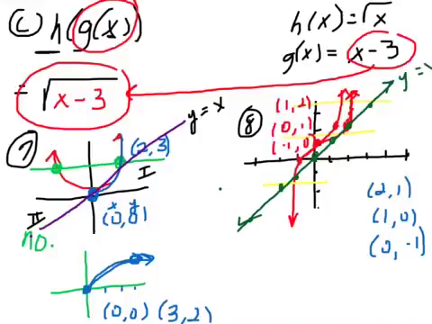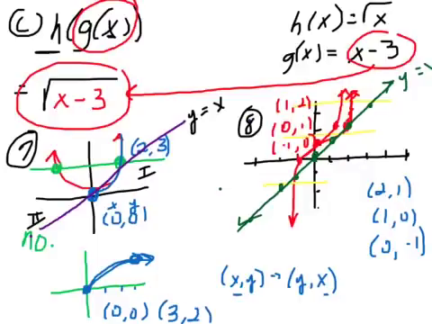Because you're taking a point, and what you're trying to do is get the point back when you do whatever the inverse function is. You're trying to start with the x, and then you're trying to get the x back. Okay? So what you do is you actually flip the points to graph it, and that's the way most people do it. So I'm going to do it that way because it's just so much easier.